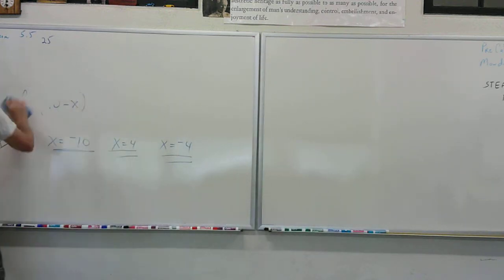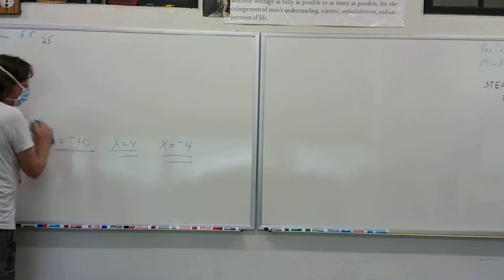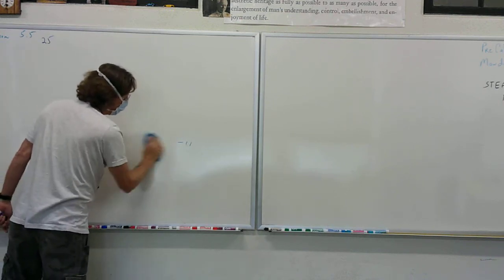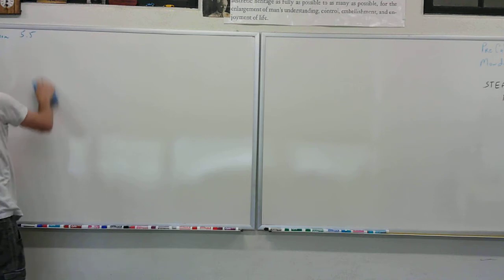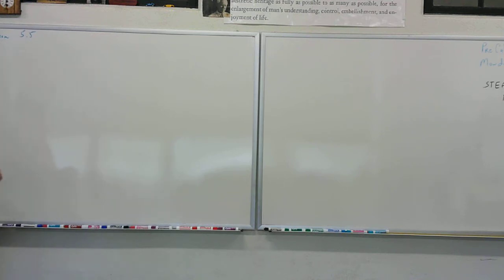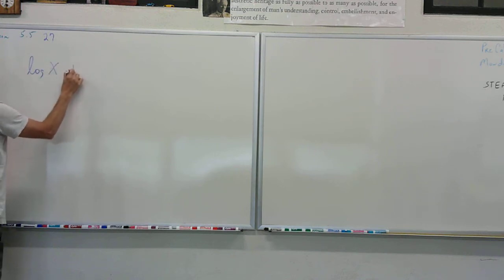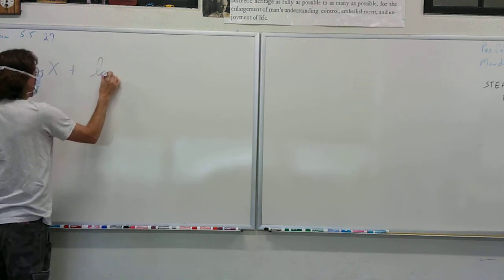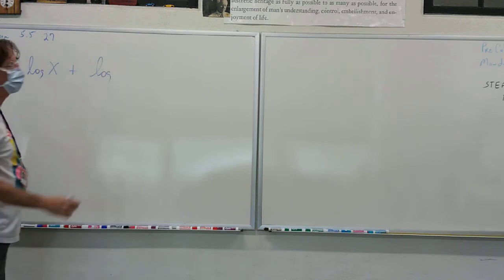I'll show you what to do when you have more than one log on a side. Number 27: log x plus log 4x equals 2.